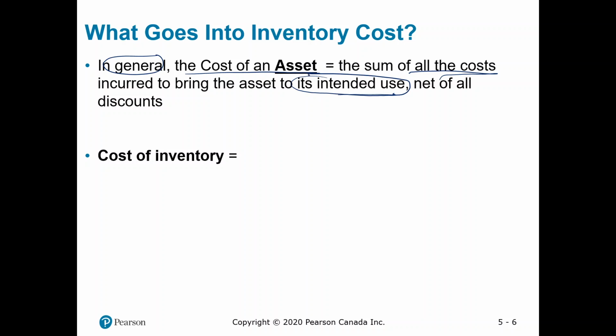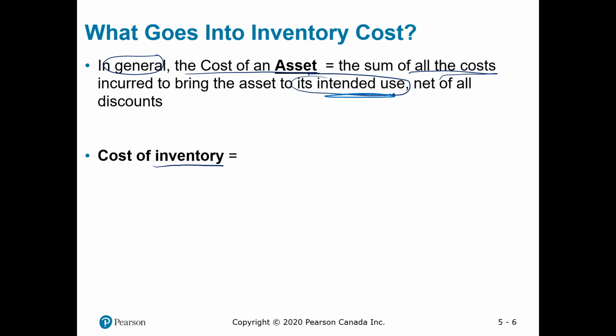So if we now think about inventory, what is the intended use of inventory? Remember that I said we hold inventory in order to sell it to customers to make money. So the intended use of inventory is to sell it.